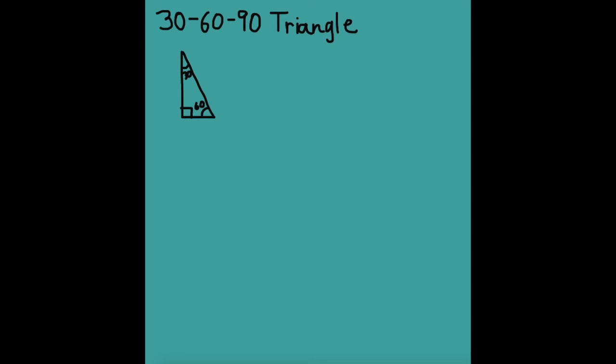This says that the leg opposite the 30-degree angle is x. The leg opposite the 60-degree angle is x root 3, and the hypotenuse, which by definition is opposite the right angle, is 2x. So we can write the ratio of a 30, 60, 90 triangle as x to x root 3 to 2x.